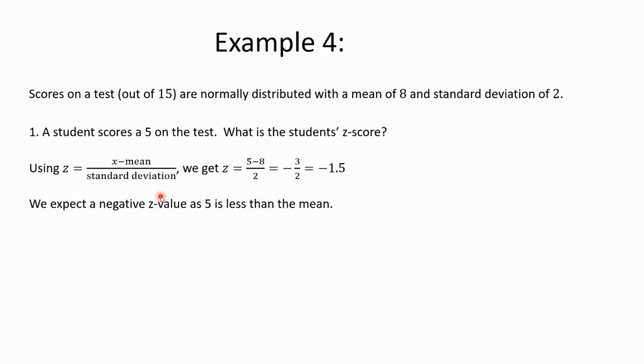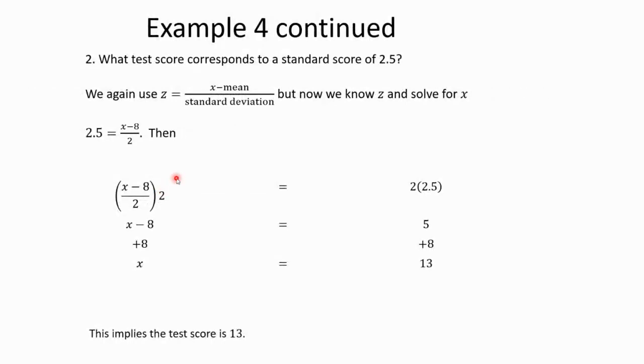And in the next example here, we can actually go the other way. In other words, if we know the z-score, or standard score, that's what z-scores are also called, we can get the corresponding data value.